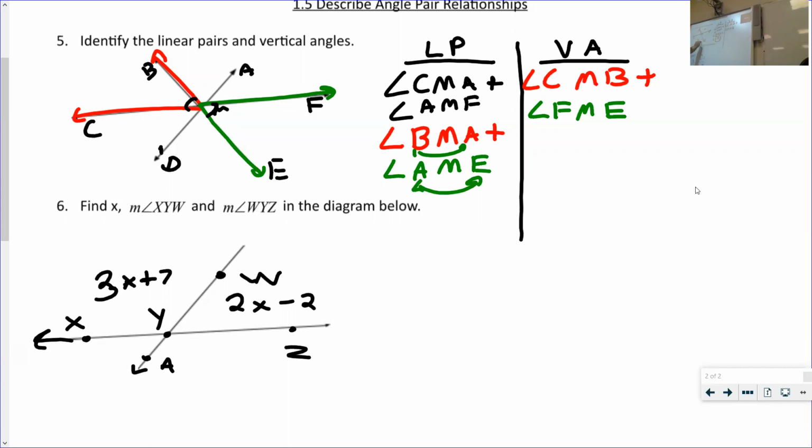Let's go to one more vertical angle. B, C, D, E, F. One more vertical angle. I'm going to take purposely a big one.